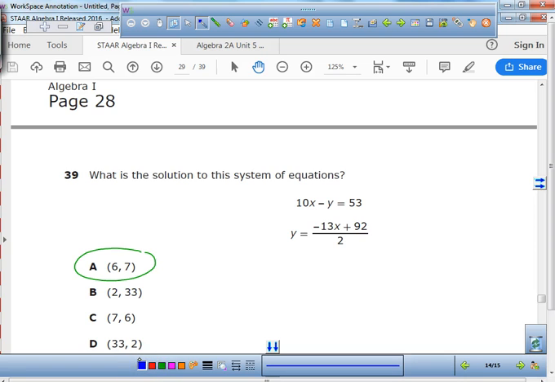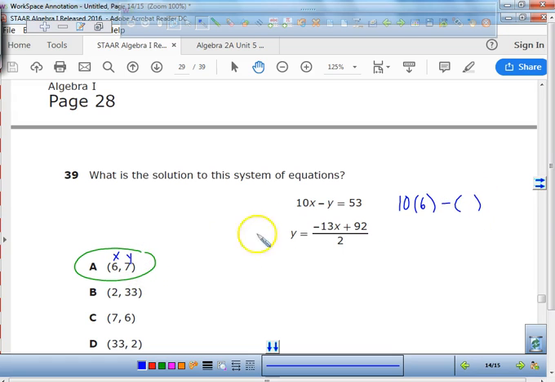Because you can also take these numbers and plug them in if you wanted to. 10 times, what was our x value? Our x value was a 6, minus, what was our y value? Our y value was a 7. You get 60 minus 7 equals 53. Over here, what is our y value? Our y value is a 7.